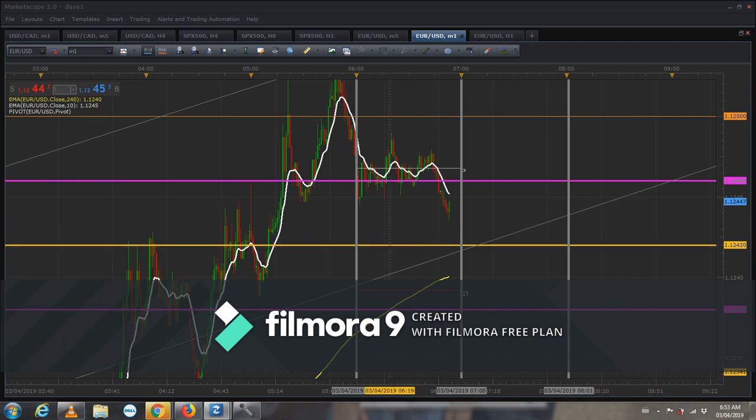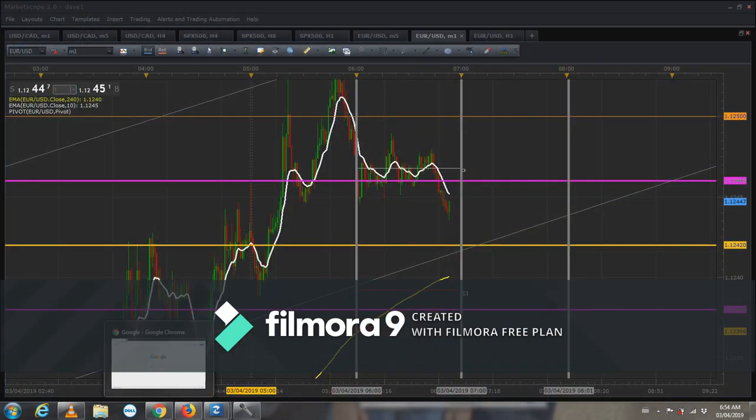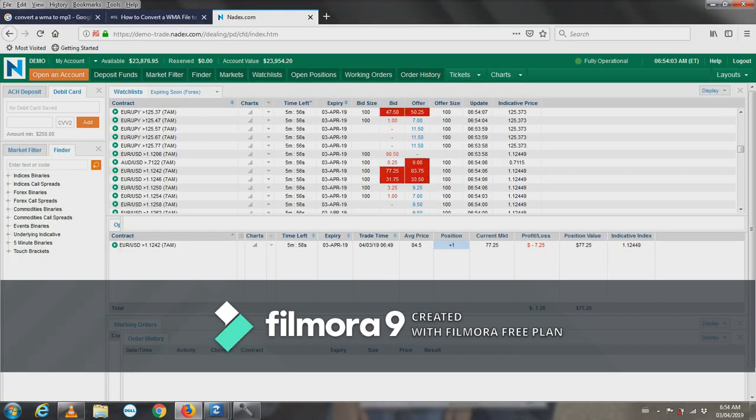What do we got here? 7 minutes left of trading, or can we just ride it out? So we got actually 6 minutes left on the 1242, and there's the right there.